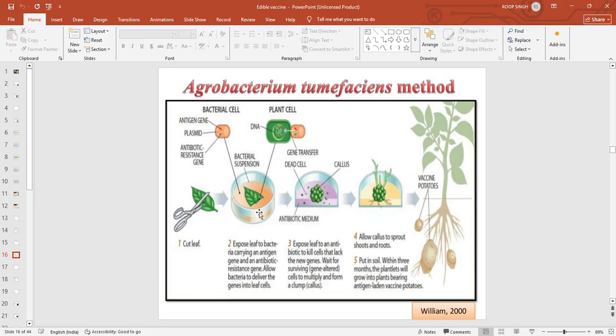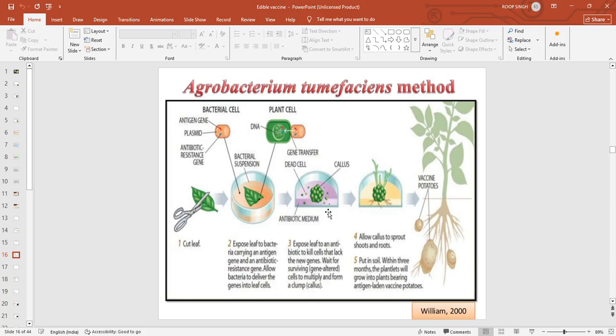Okay, and the DNA carrying the antigen gene will enter the plant cell and get integrated into the whole plant genome. And because of the antibiotic resistance gene present in this vector, you can select for the recombinant callus.